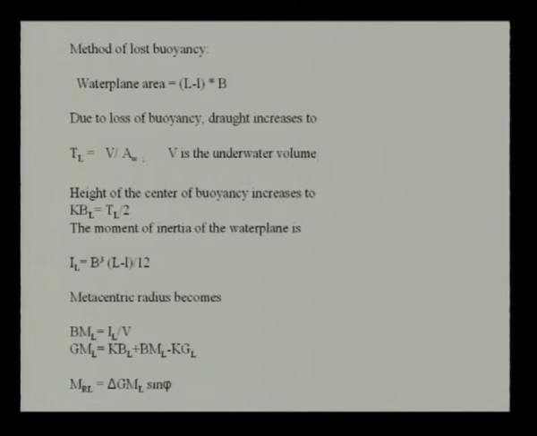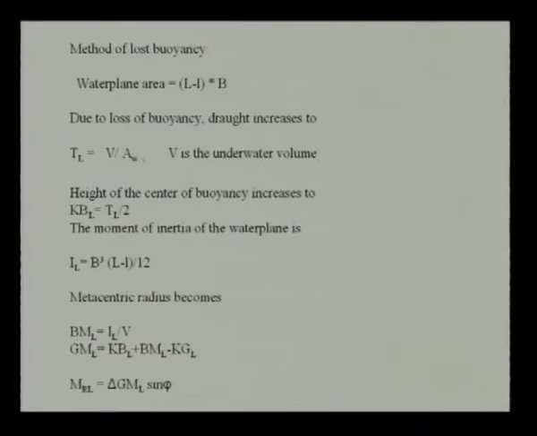In this method of loss of buoyancy, del remains the same, del means the displacement, written here as V. So, del divided by the initial AW, which is equal to L into B, will give you your initial T. Del divided by the final AW, L minus l into B, will give you your final TL.